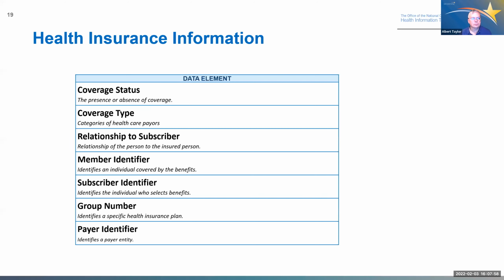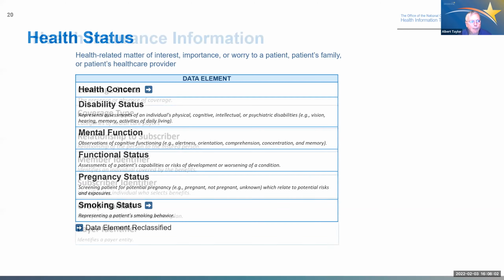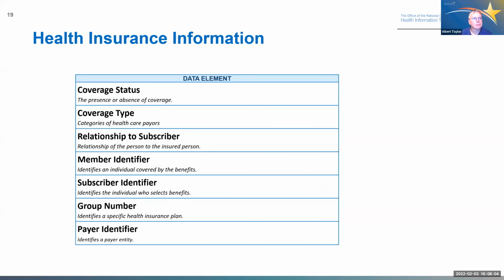Al, would you go back to health insurance information, please? We have a question in the chat. The description of the new coverage status element in the health insurance information data class indicates that it's specific to a particular encounter or claim, but there's no element which captures the relationship via a reference or a link or an identifier to that encounter or claim.